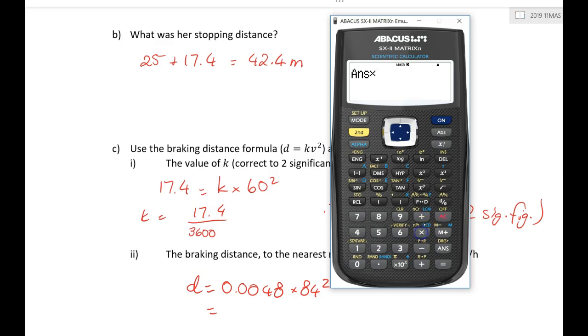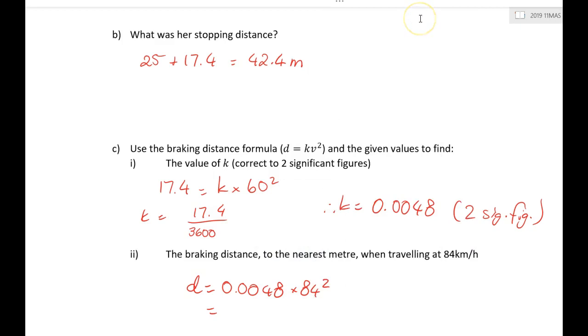I'm going to do that times 84 squared, and here we go, 34.1. So approximately 34 meters, to the nearest meter.